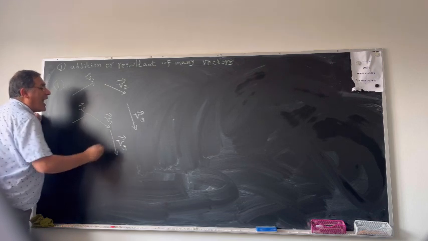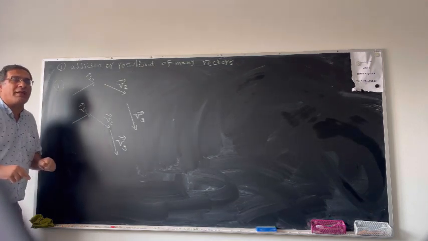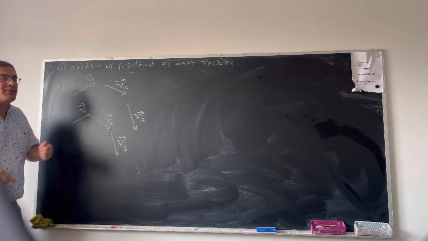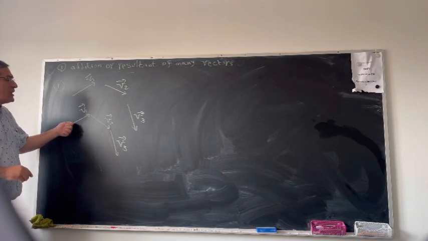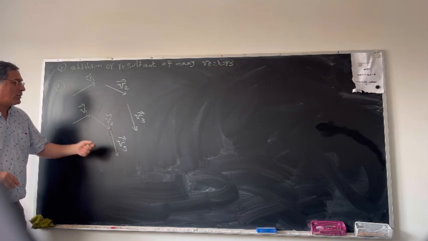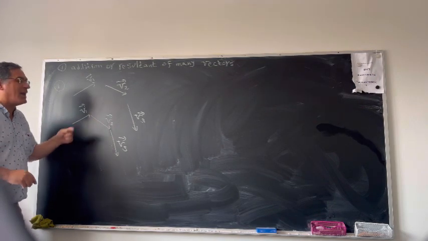So this is the initial point of the first vector, and this is the end of the last vector. Tail and tip.